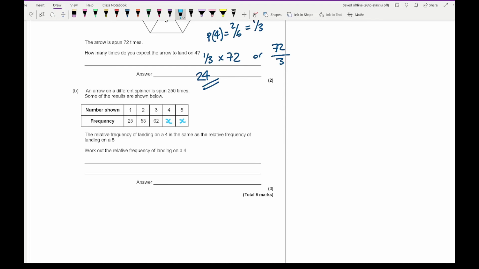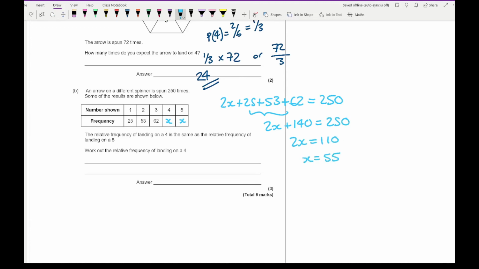So I've got that 2x plus 25 plus 53 plus 62 all add up to 250. 25 plus 53 plus 62 comes up to 140, so 2x plus 140 equals 250. So 2x equals 110, so x equals 55. So then each of these numbers are 55.